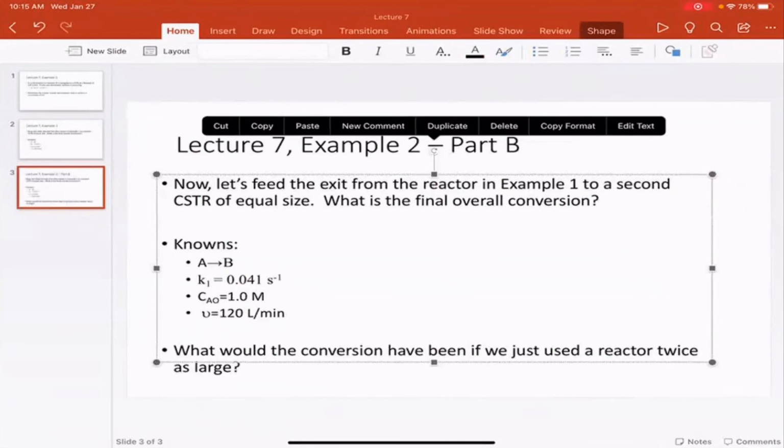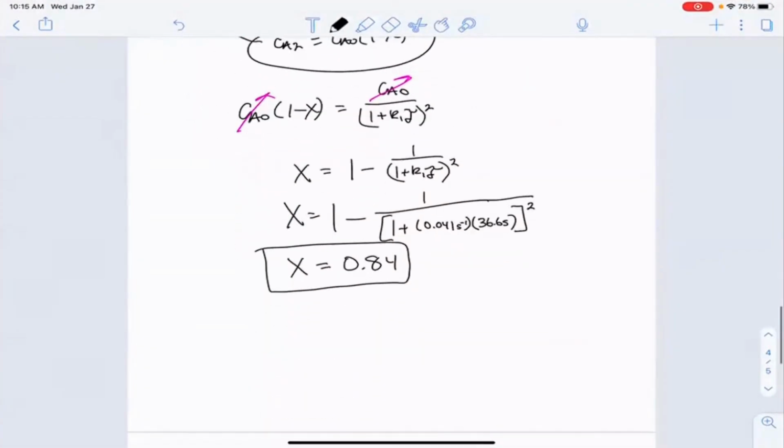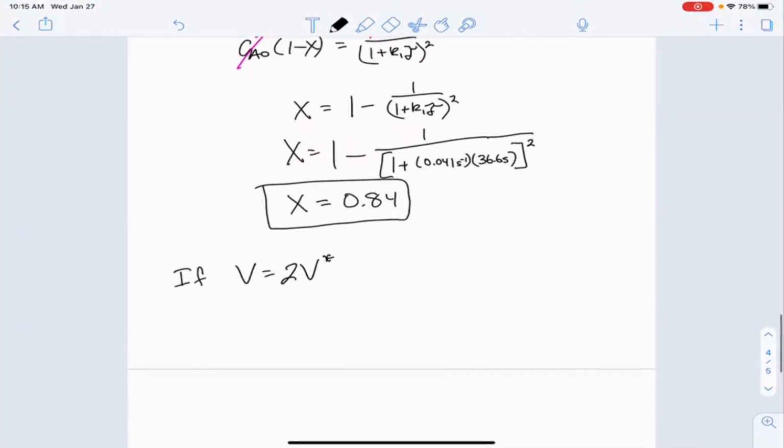Okay, so let's do that. We already did all the math for that. Well, let's do a comparison. Let's say that we had the same volumetric flow rate. If the volume was equal to 2 times our initial volume, that would mean the volumetric flow rate was the same.